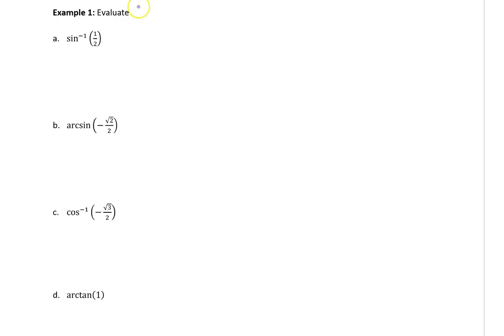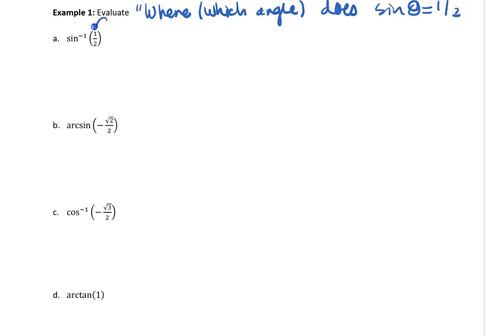And so when you are evaluating them, you want to be thinking which angle does, and so for this first one, which angle does sine of theta equal 1/2? Because this here is our coordinate, because we inverted it, we're trying to find the angle.